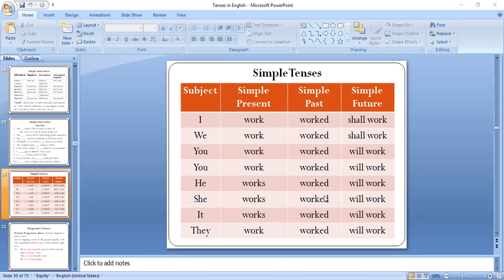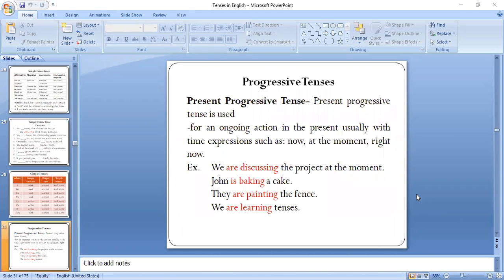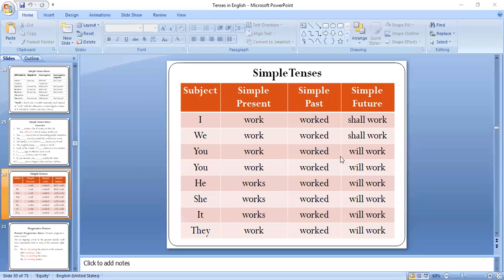We have almost more than half an hour, so we'll start with another tense. Okay, we'll start with the progressive tense after writing this chart. This chart is very important.